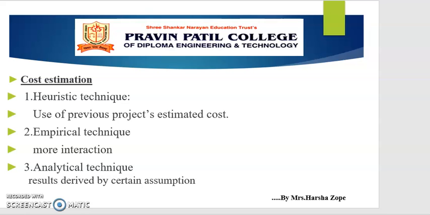Experts fill out the form anonymously. The coordinator prepares and distributes a summary of the estimates. The coordinator then calls a group meeting. In this meeting, the experts mainly discuss the points where their estimates vary widely.